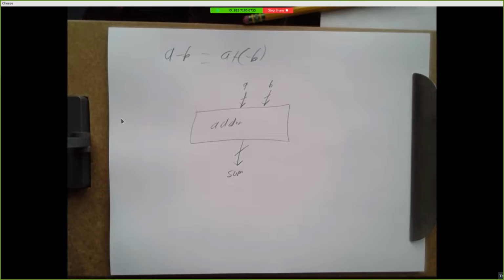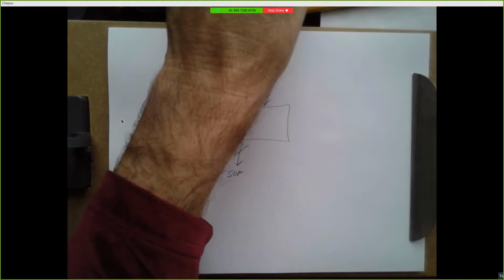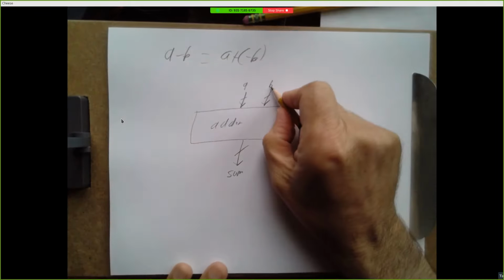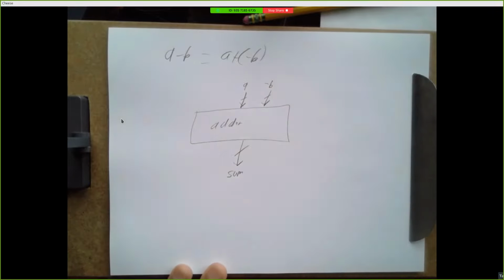We can make a half subtractor and a full subtractor and tie them together, and we can have a borrow instead of a carry, and so on and so forth. But it turns out if we have an adder, we can use that to do subtraction. If we could somehow take the 2's complement of B and feed that into our adder, this sum would be A minus B.